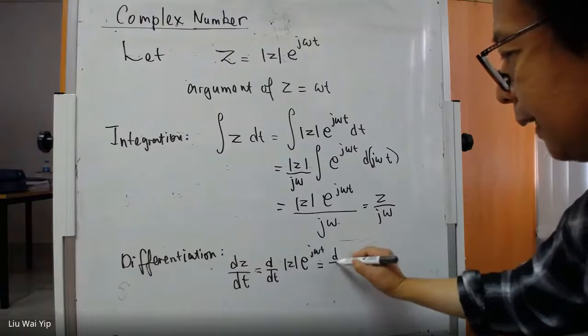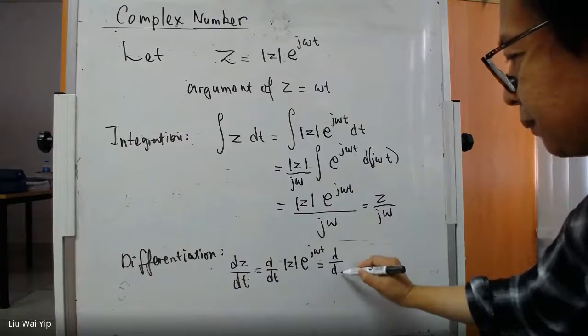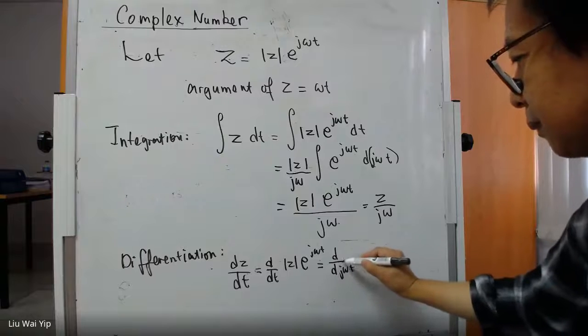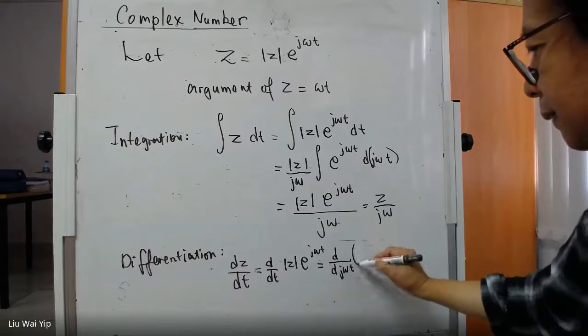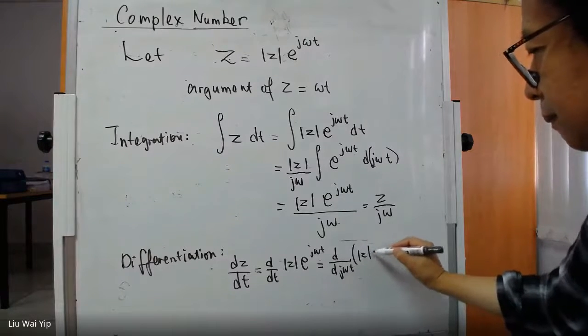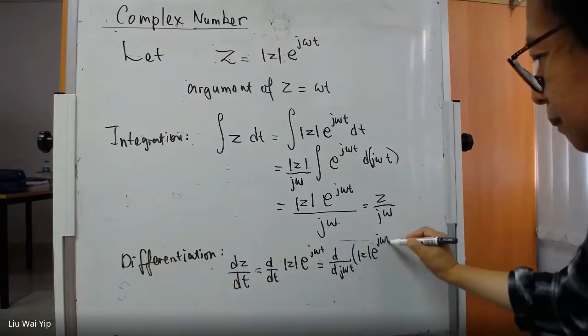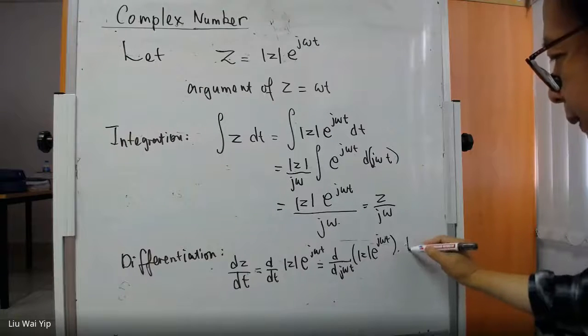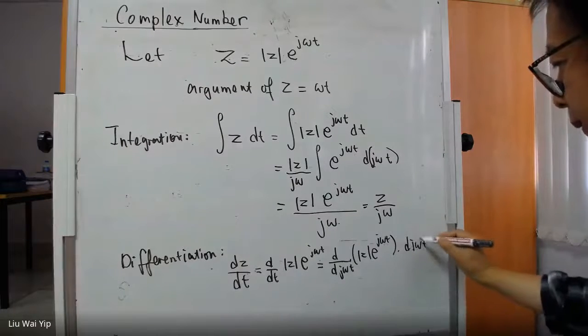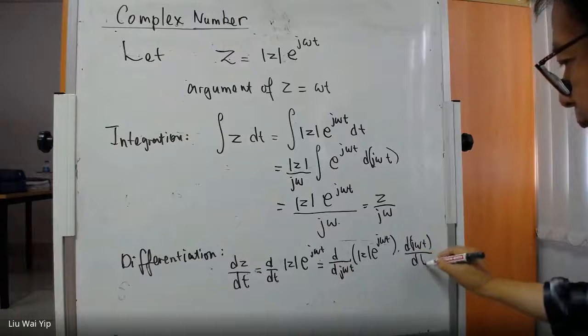Again, this is high school math. And then d(j omega t)/dt.